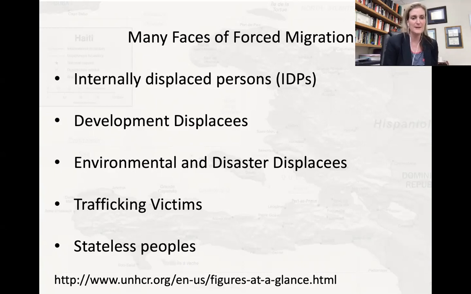Trafficking victims. Give me an example of what is a trafficked individual? Someone who is moved from their home to another place and sold off to other people. Right, trafficked people are being exploited or extorted for money and being held against their will.